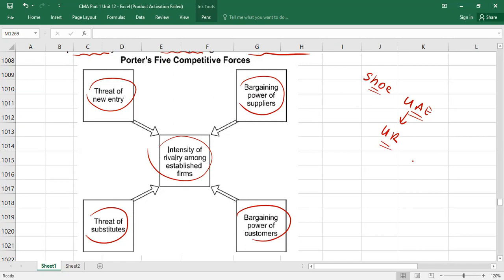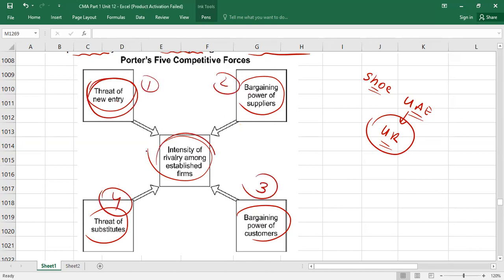You want to see whether the UK market would give you profit in the long term or not, or maybe you will suffer over there if you enter. So for that, you will analyze the five factors. Although this is one, second, third, and fourth, all these factors will affect the competition, the rivalry.